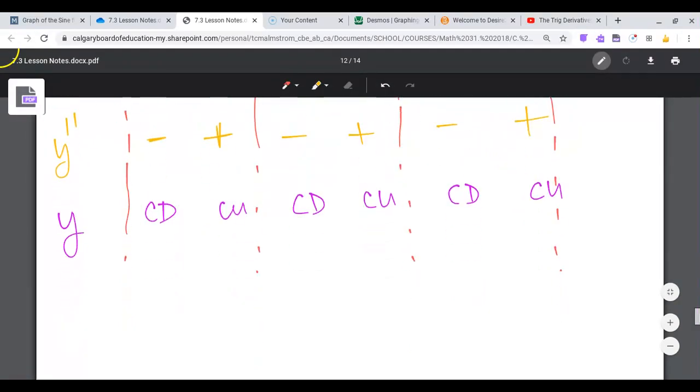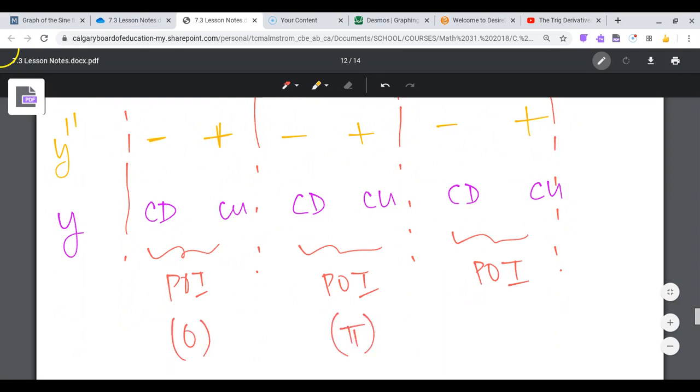So I only end up with 3 points of inflection. There's one happening here at the 0, there's one happening at pi, and there's one happening at 2 pi. So 0, pi, and 2 pi. The other ones are vertical asymptotes, so they can't be points of inflection.